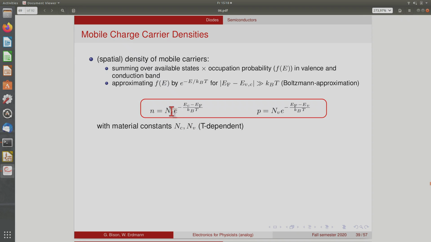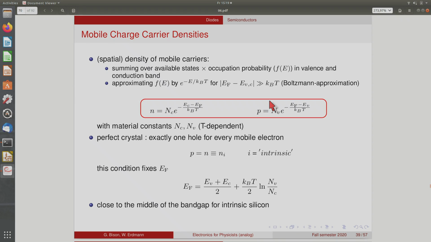You have these constants, which are temperature dependent, so they're not really constants, but they characterize the material, silicon, for instance, and you have this exponential function of the distance between the lower band limit and the Fermi energy divided by the Boltzmann constant times temperature. And similarly for the holes, you get this expression here.